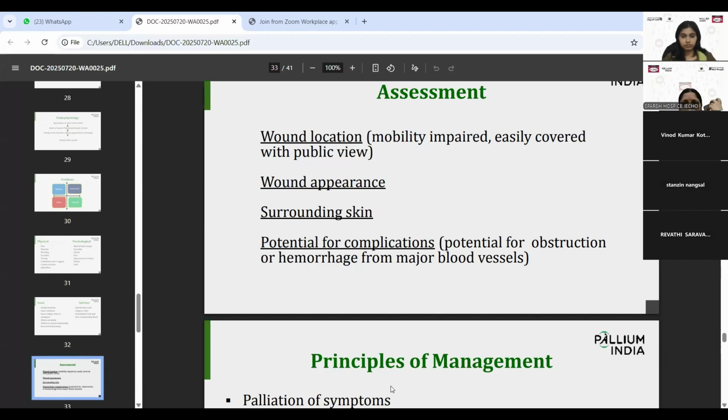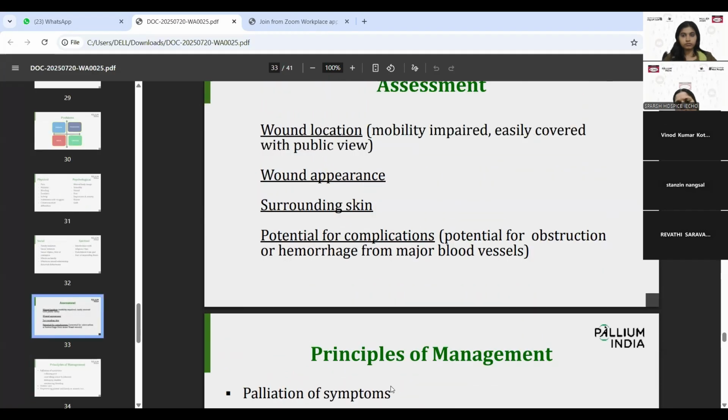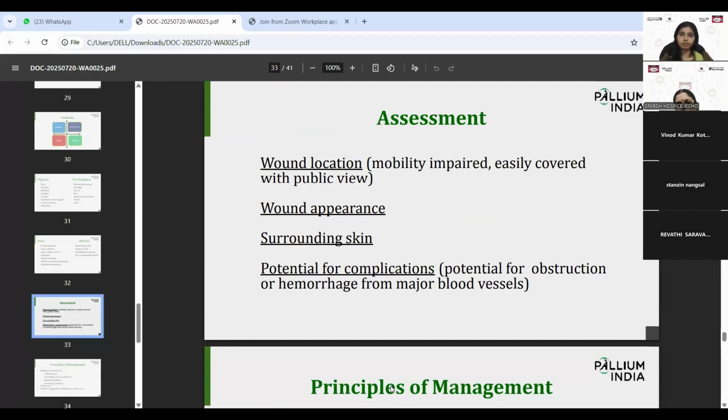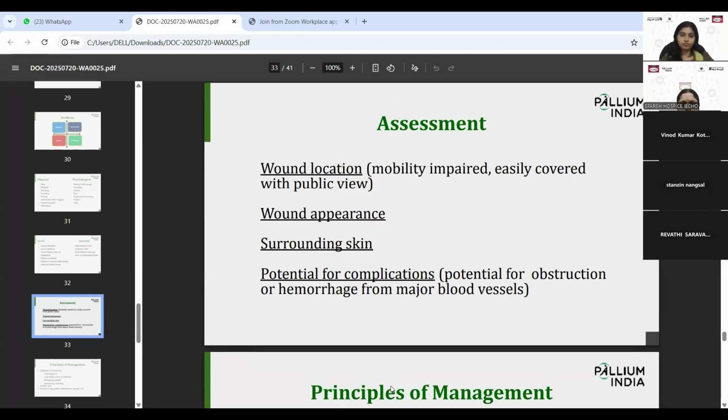First, you have to see the wound location, and whether mobility is impaired. See whether it can be easily covered from public view, because the patient may feel some dignity issues or guilt because of the wound's shape and appearance. So you have to know the wound. Then the wound appearance, how it appears.